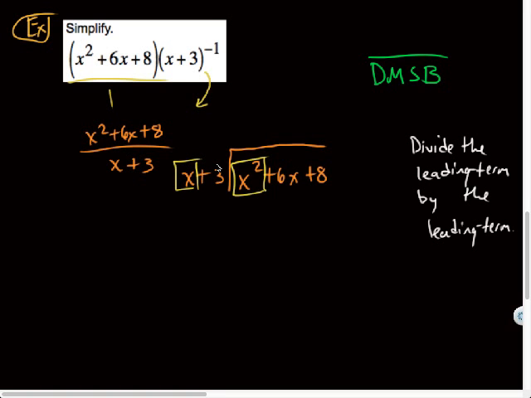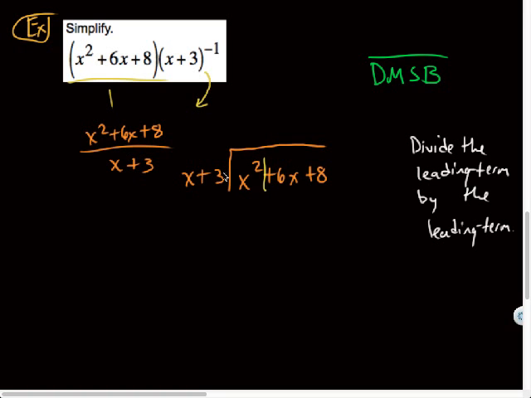That's what I mean by divide the leading term by the leading term. So let's see. 90% of the time, students answer this question wrong. What is x squared divided by x? A lot of people say 2. Or maybe it depends on how I phrase it. If I ask, how many times does x go into x squared? They're like, 2. And I'm like, no, it goes in x many times.